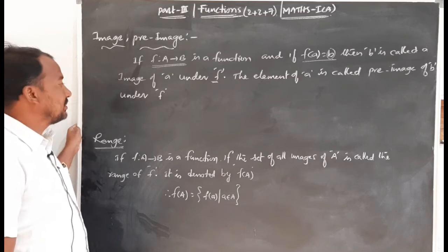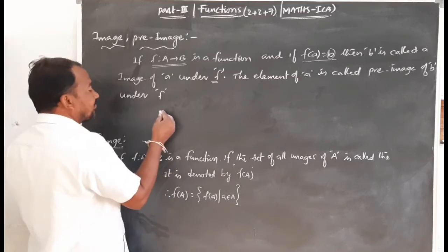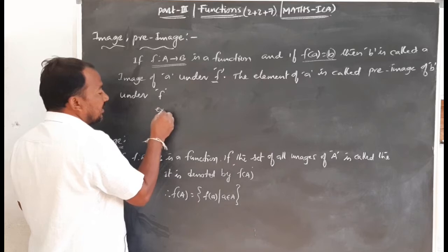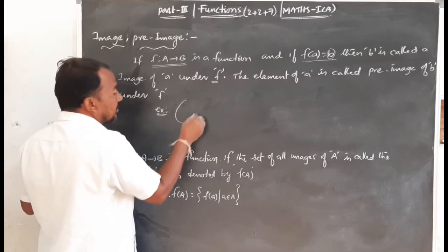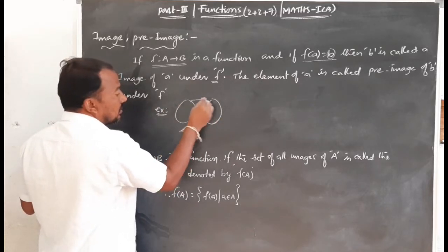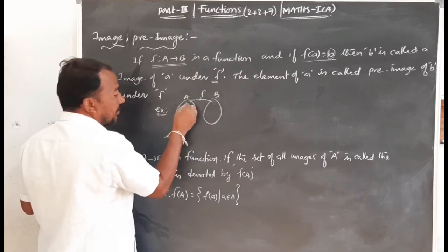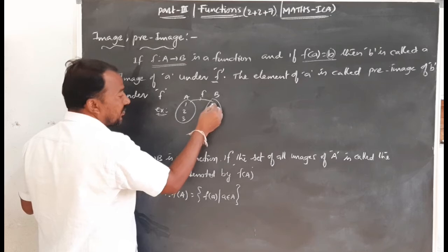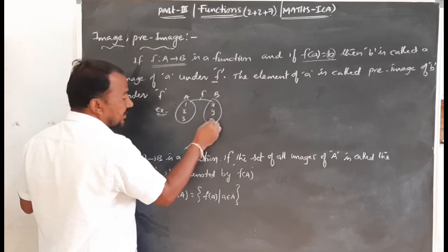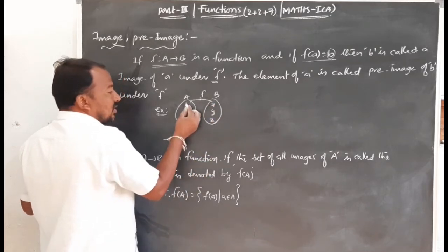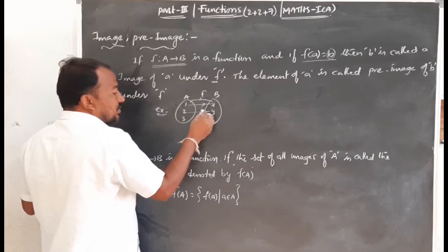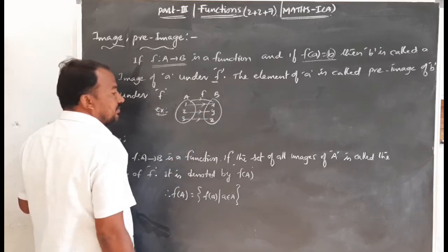Okay, right. Let us give an example. A to B, with A equal to 1, 2, 3 and B equal to x, y, z, mapping 1 to x, 2 to y, 3 to z.